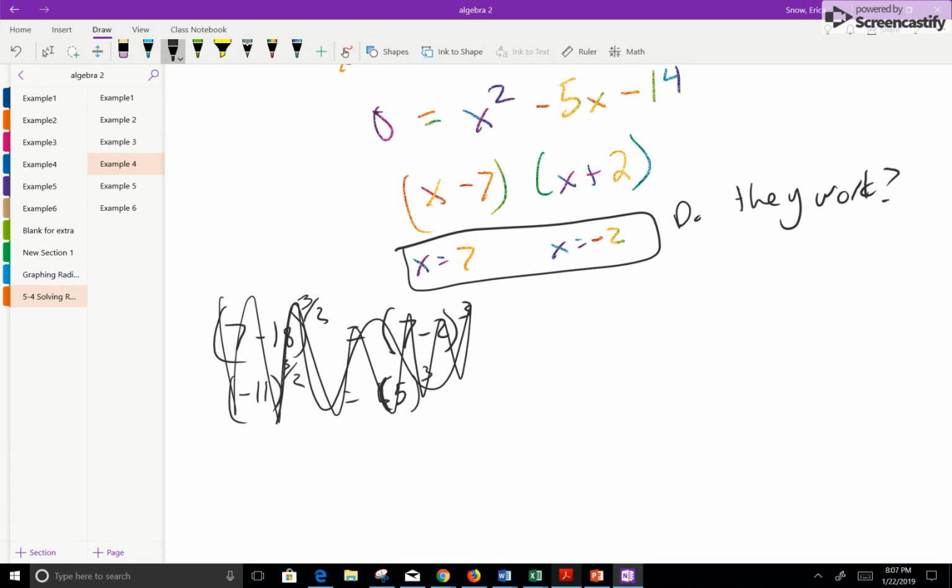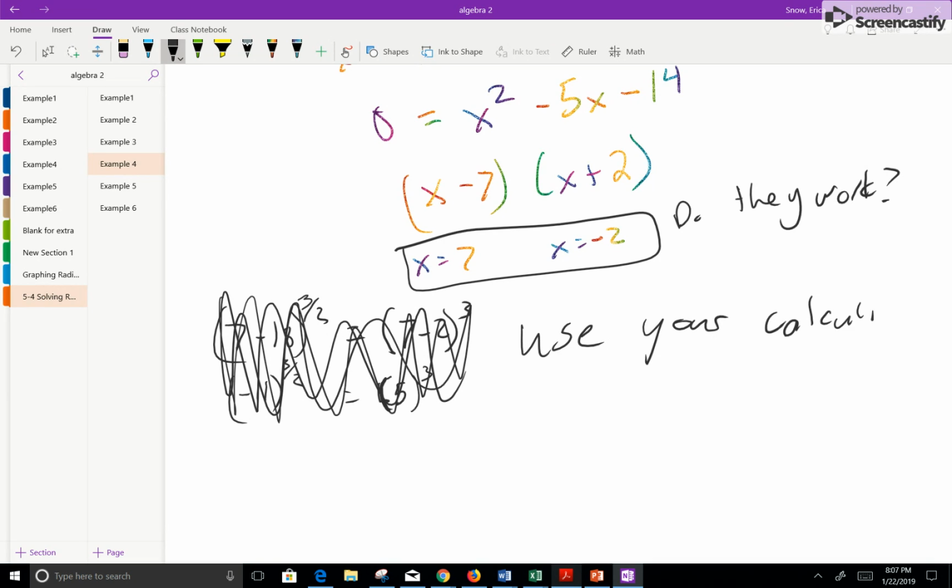Just put it in your calculator, see what you get. Use your calculator to plug them in. And you get that 7 is a yes, and -2 is a strong no. And there we have it.